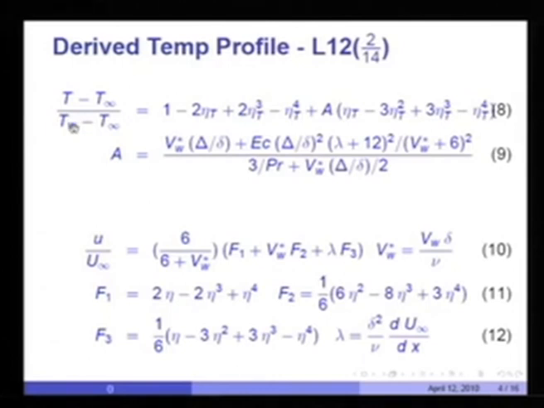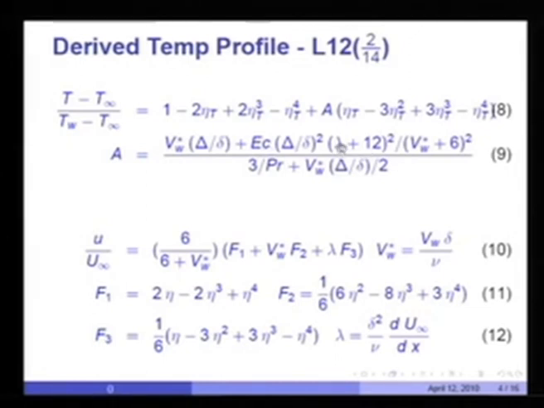In dimensionless form, the temperature profile reads as T minus T infinity divided by T w minus T infinity equals 1 minus 2 eta t plus 2 times eta t cube minus eta t to the 4 plus A times a function of eta t, again, where A captures the effects of wall velocity, viscous dissipation through the Eckert number, and the pressure gradient effect through lambda.